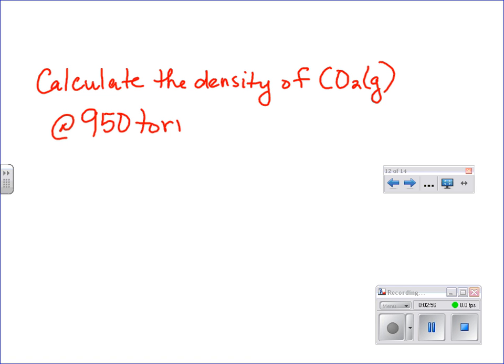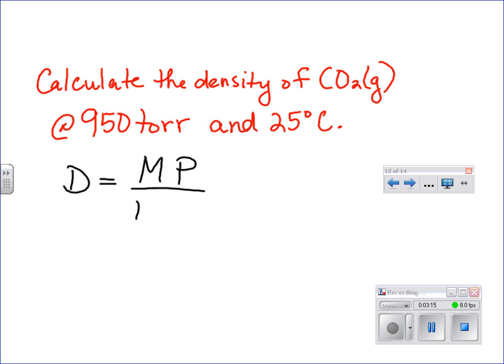Notice we're throwing in a different pressure unit there, and 25 degrees C. So if we want to find the density, we need an equation for density, and we just solved on the previous page that density equals molar mass times the pressure over R times T. So let's go through these four variables and see if we know what they are or if we can figure out what they are.